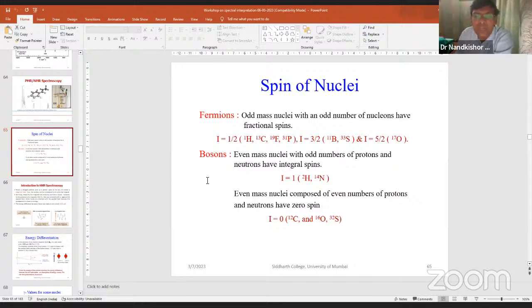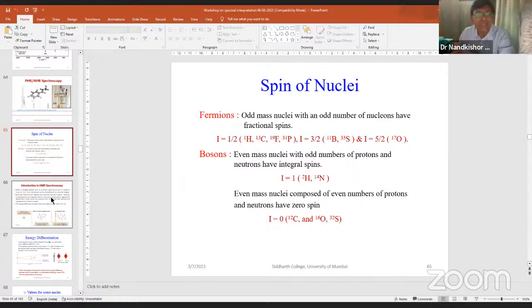Nuclei having integral spin, that is even mass nuclei with an odd number of protons, are not NMR active. The active nuclei have half-integral spin, like proton, C13, fluorine 19 and P31. These four nuclei are the most widely used in spectroscopy to study organic molecules.